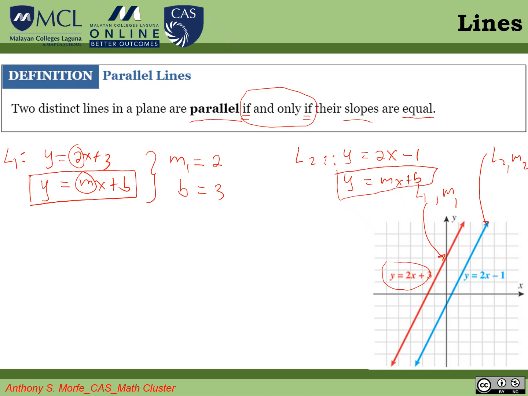We can say that since this is line 2, this is m2. So m2 is just the coefficient of x, so that is equal to 2. And then our b, tawagan natin isa na b1, so this is b2.